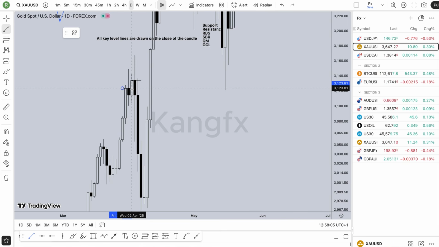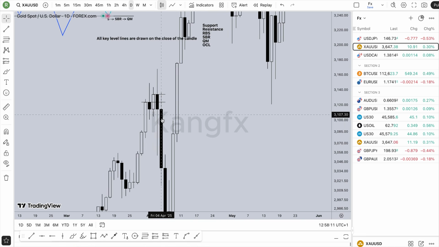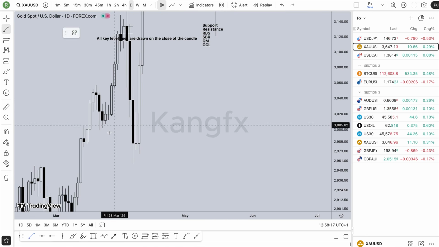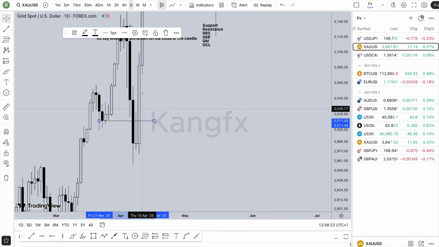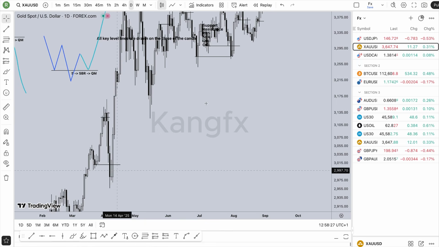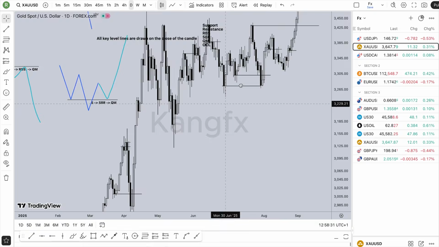The market broke through it the first time, broke through it the second time, it became a QM. The market came here, used it, and dropped. This one here was a support, the market broke through the first time, became SBR, broke through the second time, it became a QM. So that is how we identify support, resistance, QM, SBR on our chart.